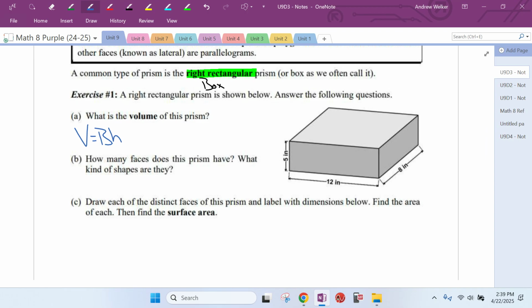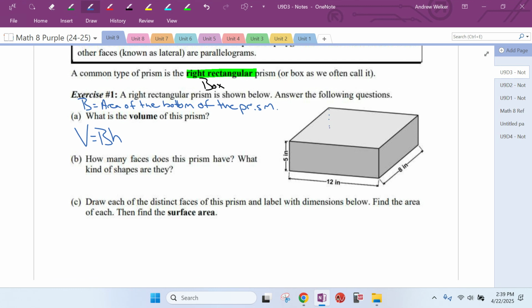And what we really need to talk about is what big B stands for. Big B actually stands for the area of the bottom of the prism, right? Or the base of the prism. So I need to find the area of the bottom of this box, right?